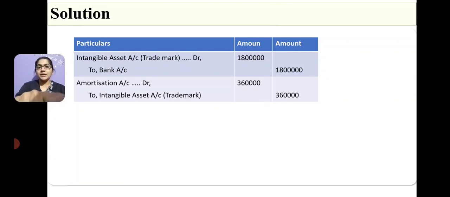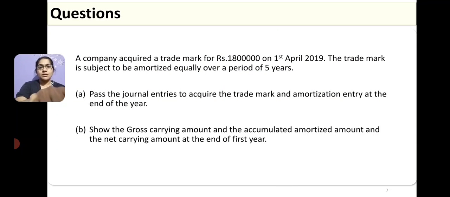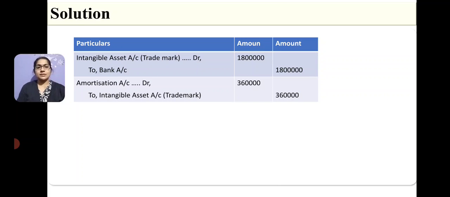In the example it is said that it is equally amortized over the period of 5 years. So, if 18 lakh is the value, if you divide it by 5, you get 3,60,000 per year. Whatever the amount for the first year amortization, we are debiting to amortization and crediting to intangible asset. So, the intangible asset at the end of first year is reduced to that extent. So, this is for the journal entry.